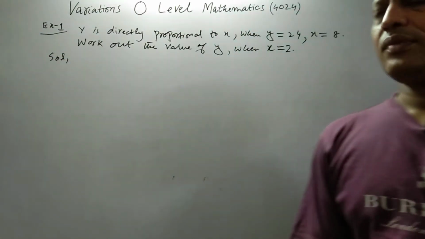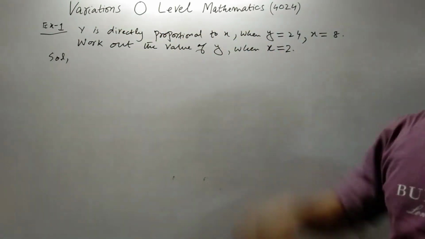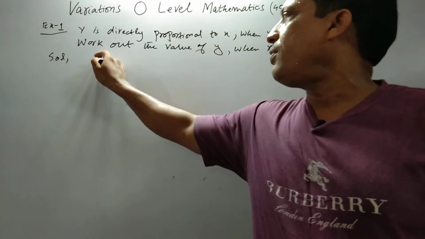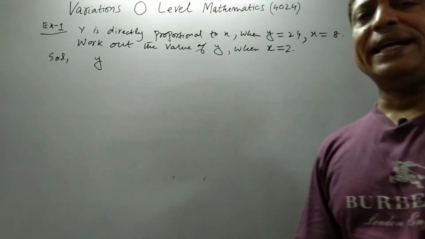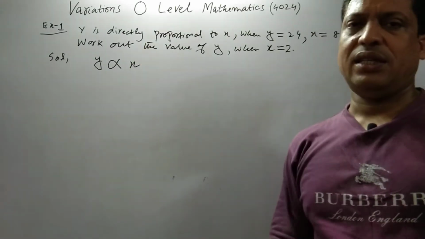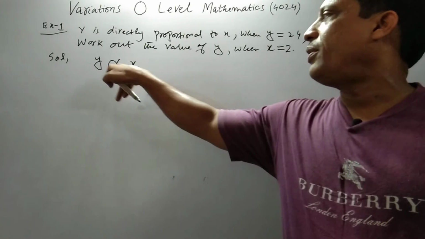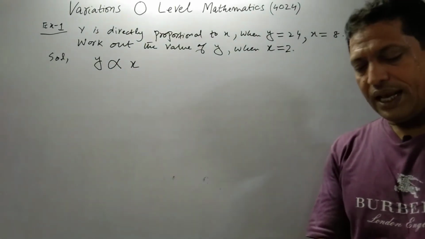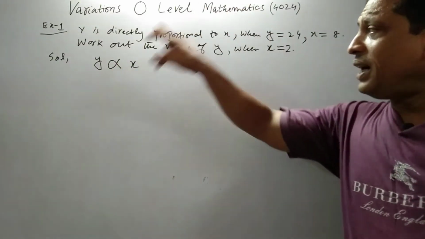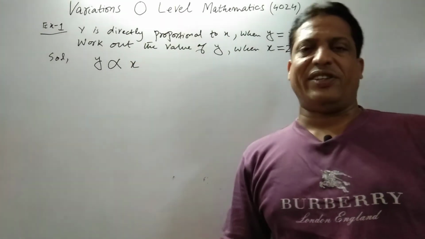what is given? Y is directly proportional to x. So we have to write y, apply this sign, and write x. How to read this? Y is directly proportional to x. But first we have to convert this proportionality to an equation.